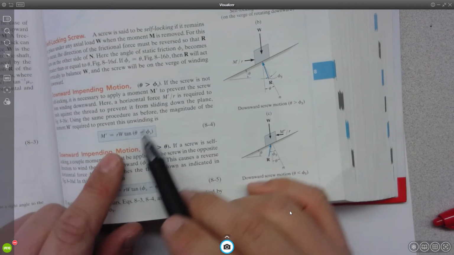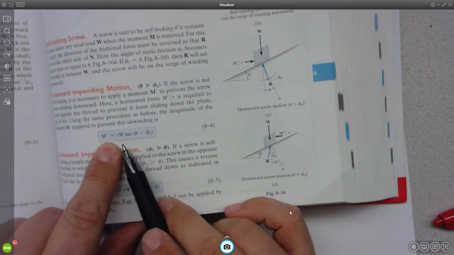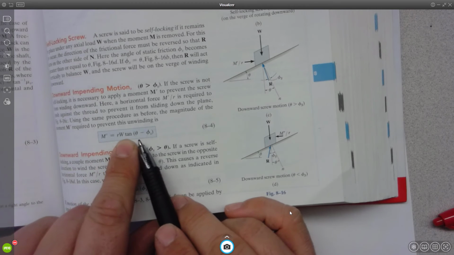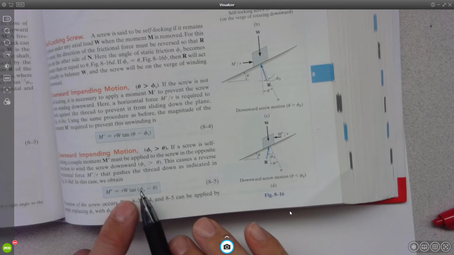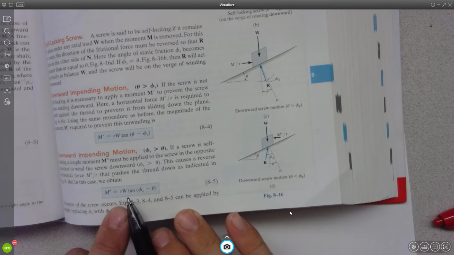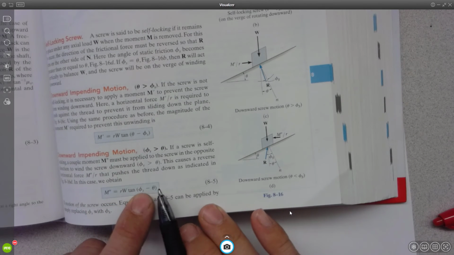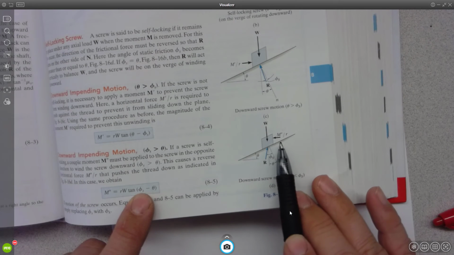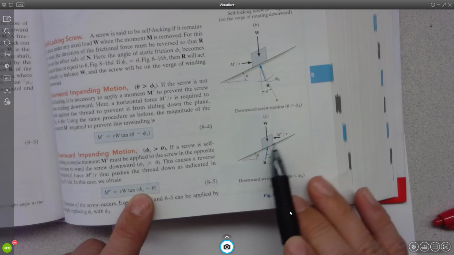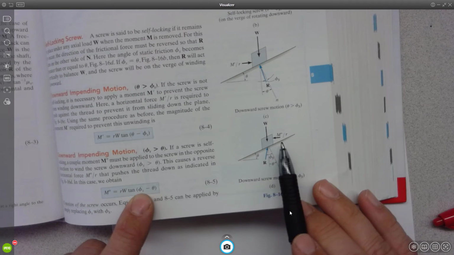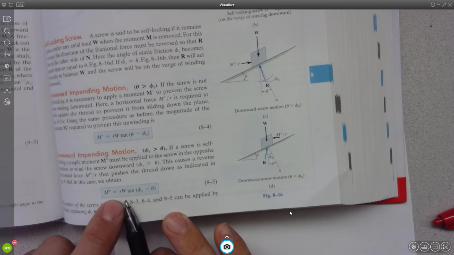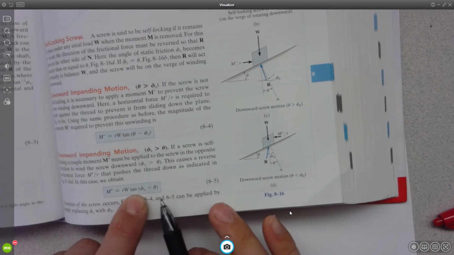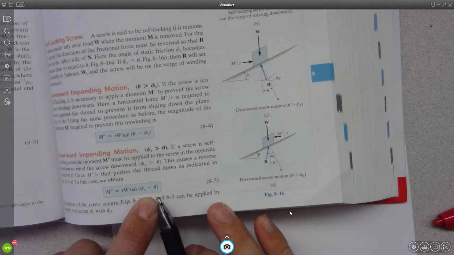In that case, the moment required to keep it from going down is RW tan(theta minus phi static). In the case where phi static is greater than theta, we have to apply a moment to shove it down the ramp, which is the case of our screw we're working on right now. The moment required to unscrew it would be RW tan(phi static minus theta).